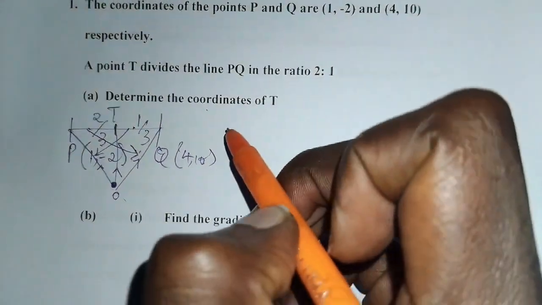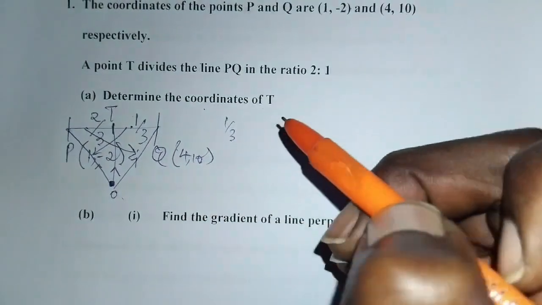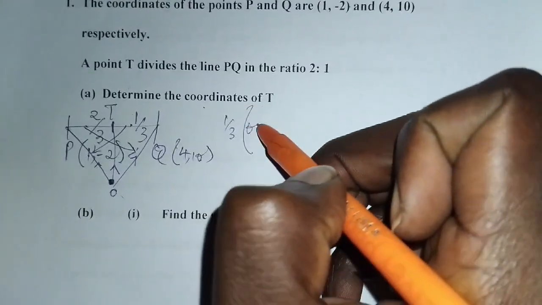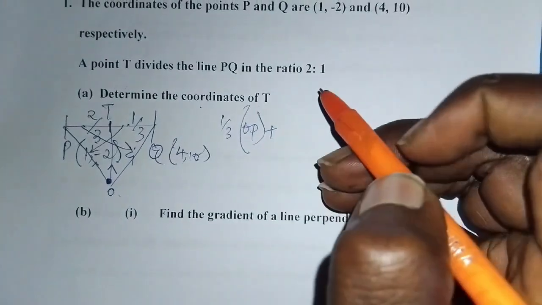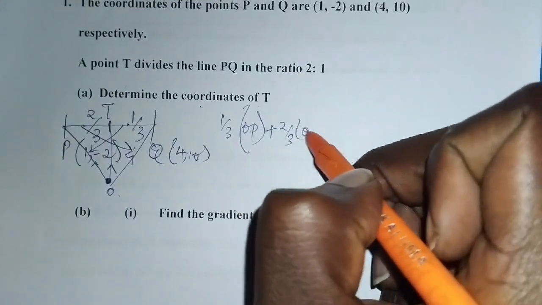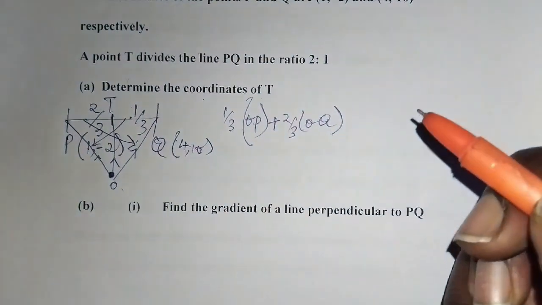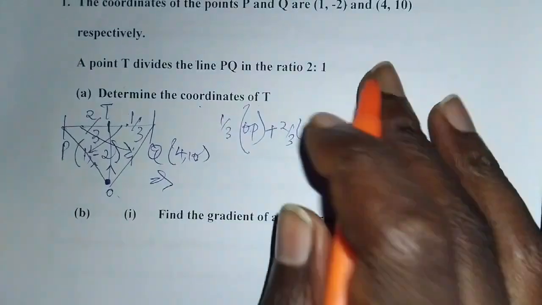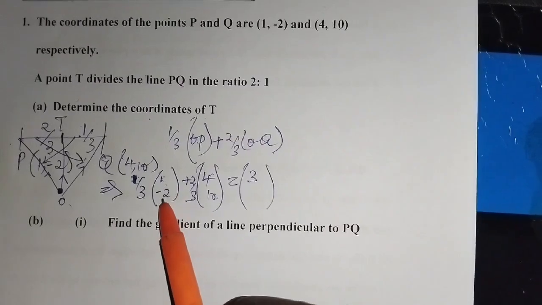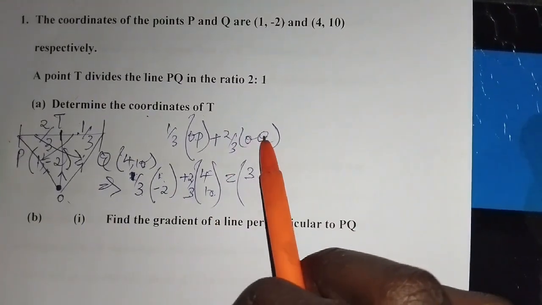So you shall have 1/3 multiply by vector OP plus 2/3 times OQ. So this one will give us 1/3 multiply by (1, -2) plus 2/3 times vector OQ.